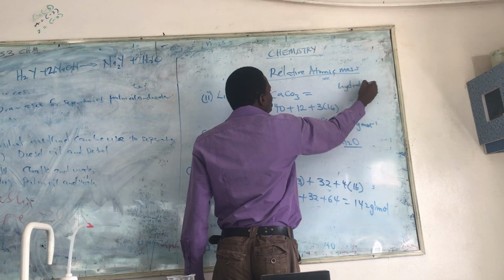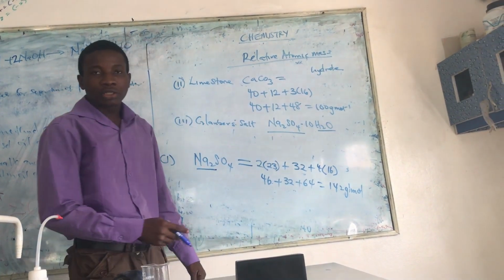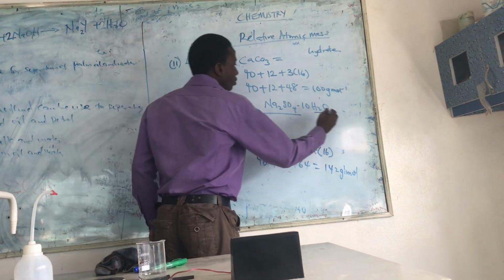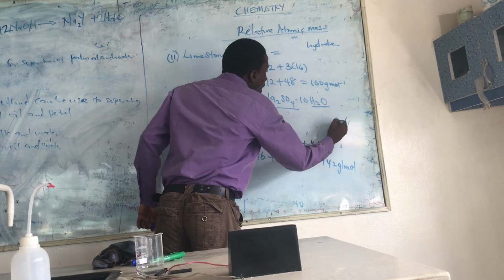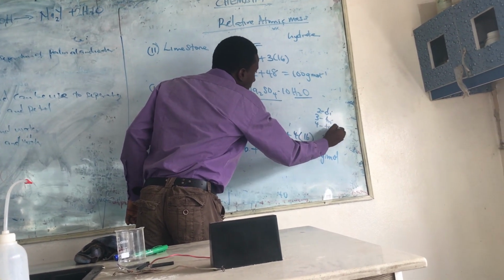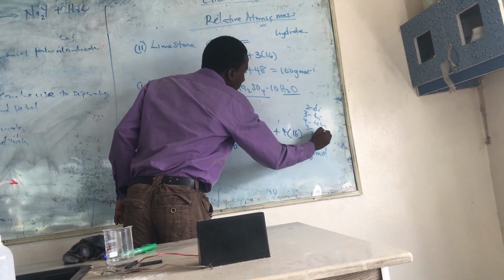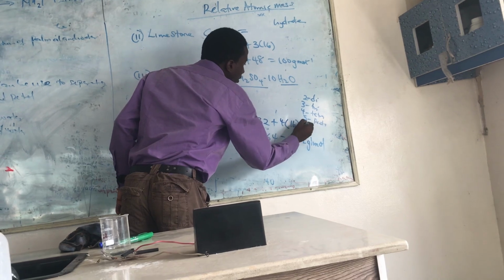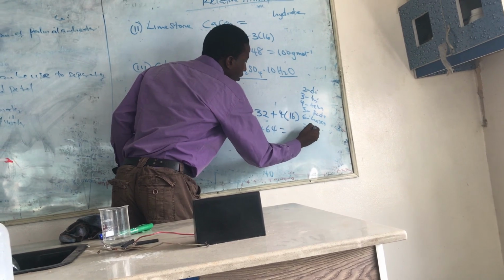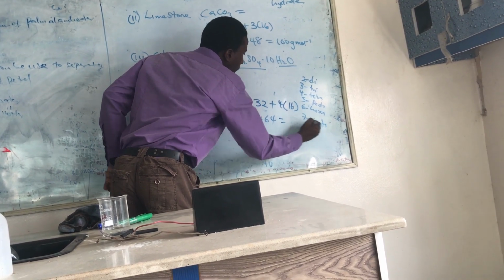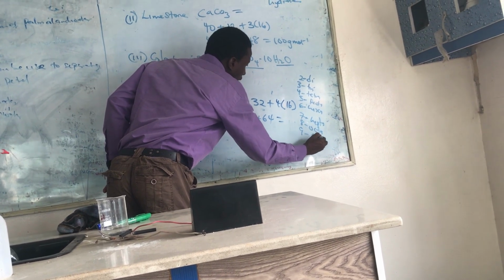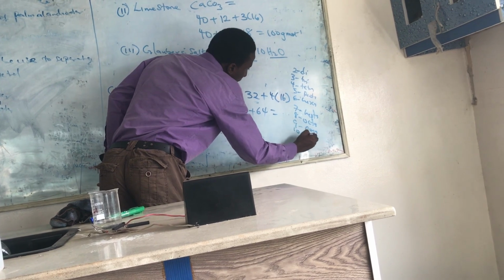If you remember, 2 means di, 3 means tri, 4 means tetra, 5 means penta, 6 means hexa, 7 means hepta, 8 means octa, 9 means nona, and 10 means deca.